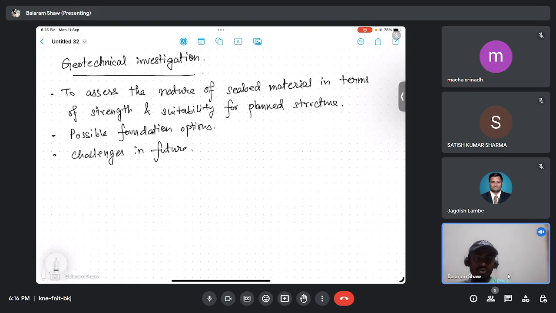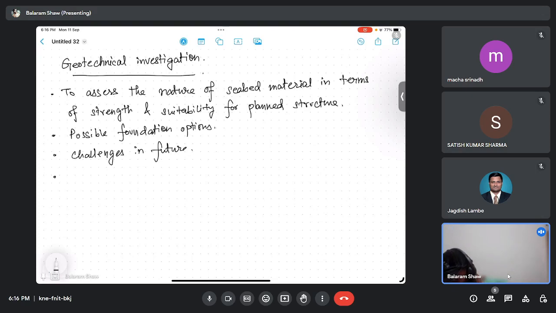And then also to ensure the safety during the design life, because if we don't know the nature of the seabed, and what kind of challenges we can have during construction, and what kind of foundation we can lay, we also should know the safety precautions, that is, whether the offshore structures that we are going to impose will be safe during the total design life that we are considering.